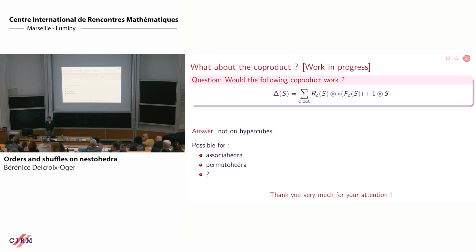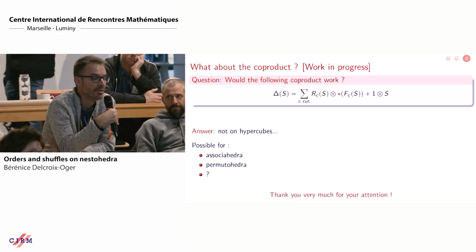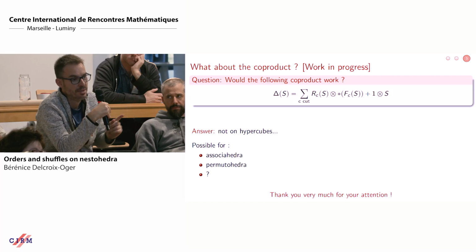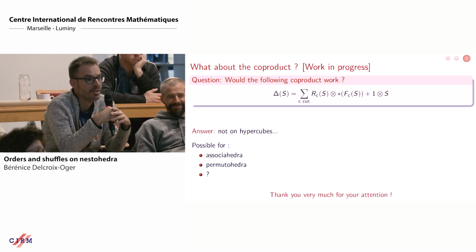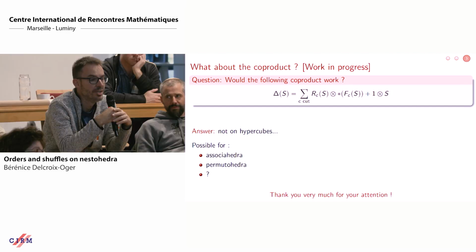Thank you, Bérénice. So on any generalized permutohedra, there is a natural order on the vertices, which is you just order in the usual direction the vertices of a polytope. There is also a natural order on the faces, which is you say that a face covers another one if, let's say, F and G, F is a facet of G and they have the same max or the same min.